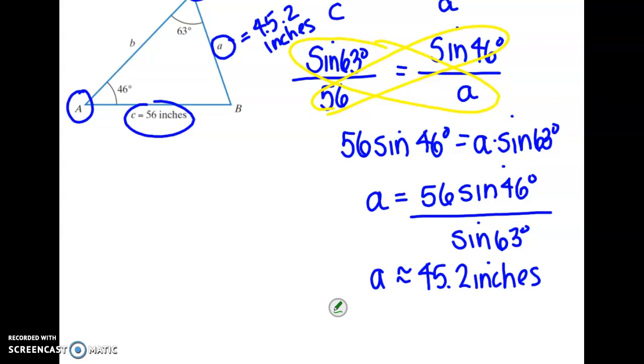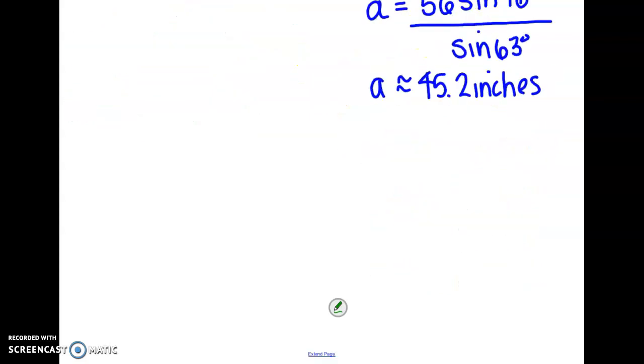Our next missing item is angle B. Well, from geometry, if you know two angles in a triangle, you can find that missing angle by the triangle sum theorem. And here's how it looks. To find angle B, we take 180 degrees and we subtract out the two angles that we know.